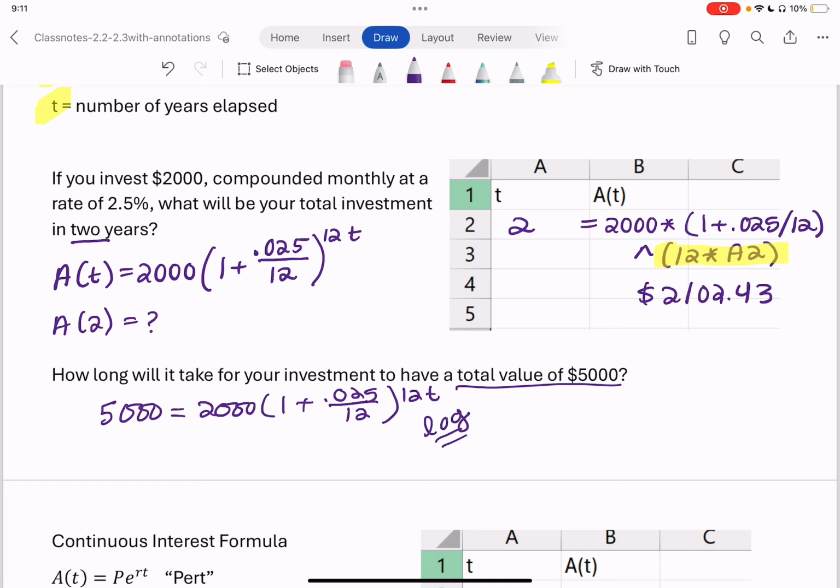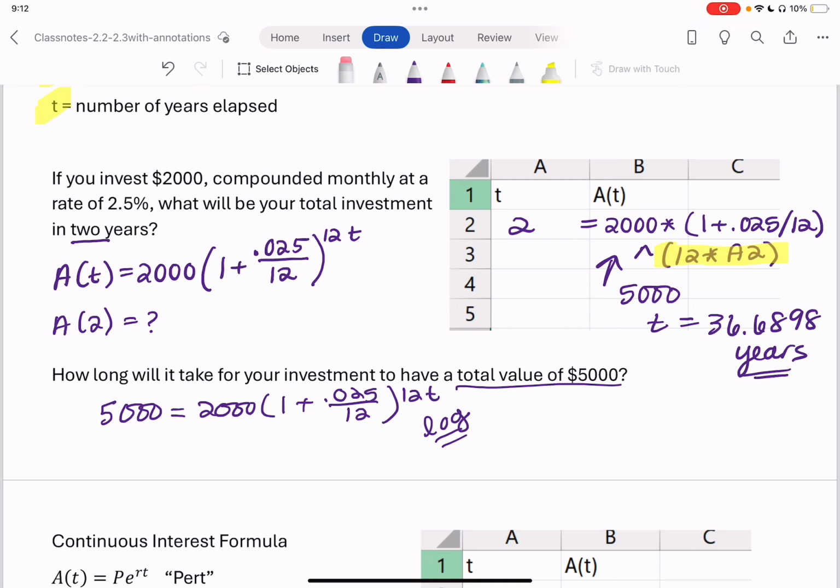With Excel, all we have to do is our goal seek. We drop 5,000 in that box where we have that formula, and then we do our goal seek process. You should get t equals 36.6898, I believe, and this would be years. Make sure you put a unit in your answer.